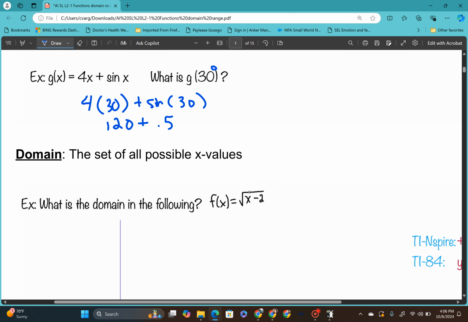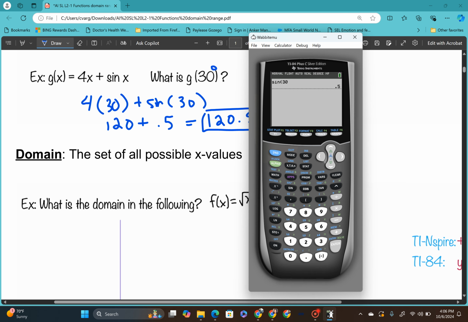So 120 plus 0.5 is 120.5. So that's our final answer. You could say 120 and a half, same thing. If you just plugged in the whole thing, so 4 times 30 plus sine of 30, that should also give you the 120.5. Cool. All right.